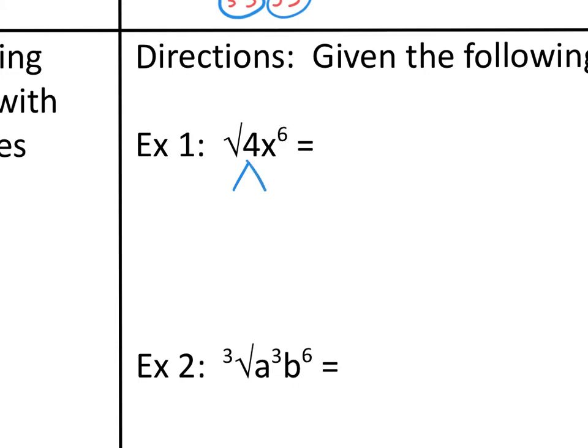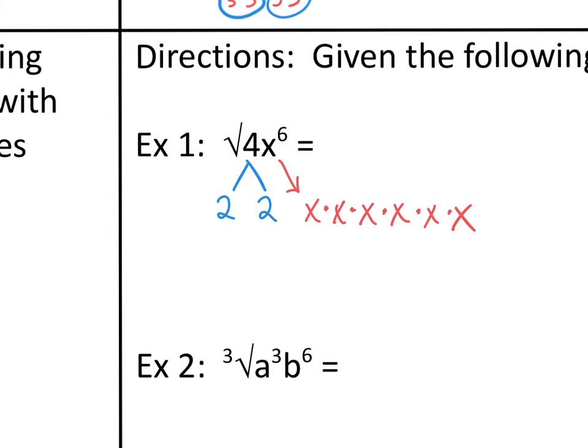What does 4 break down to? 2 and 2. And then we've got x to the 6th. This breaks down to x times x times x times x times x times x. Correct? Because when we multiply variables, we add their exponents. So that's how that would become x to the 6th.